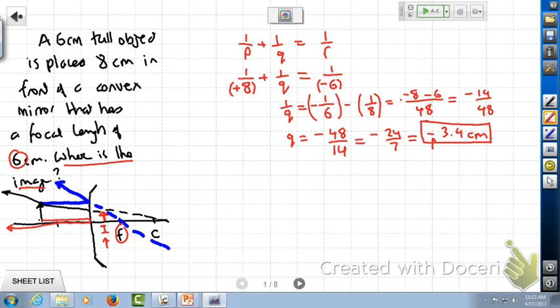Let me add a little rider on this. How tall is the image?